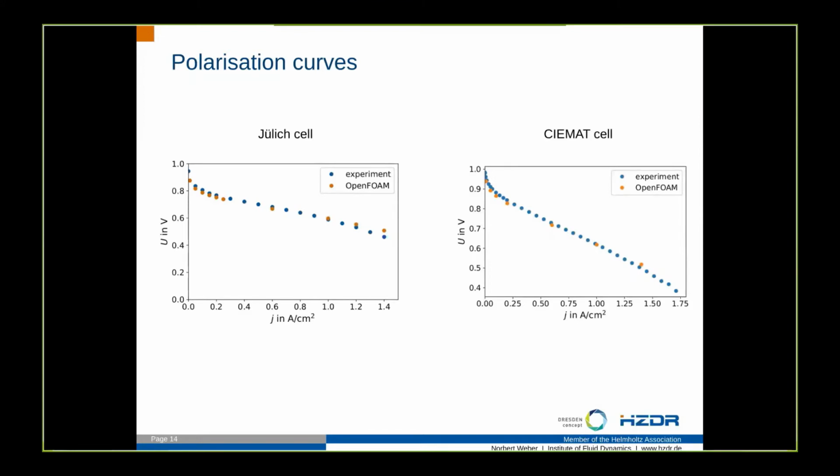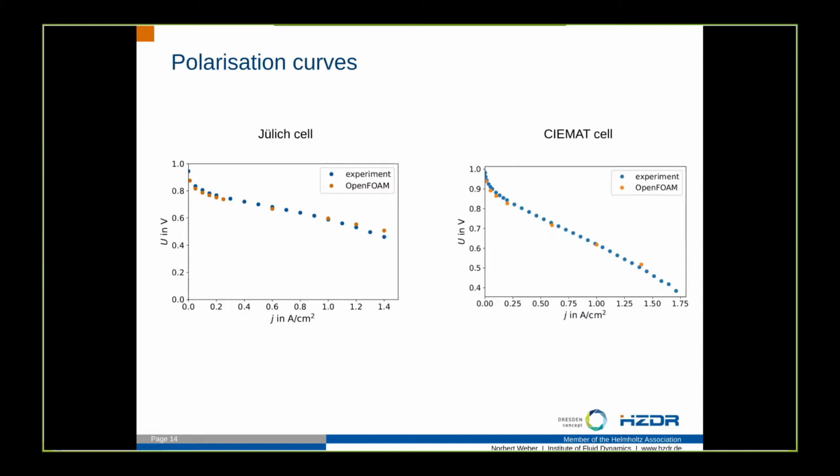This model cannot model everything. It needs quite a lot of input data. For example, the exchange current density, the kinetics and so on, these are values which still need to be fitted from existing polarization curves.